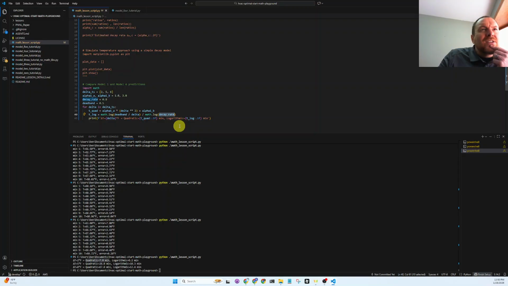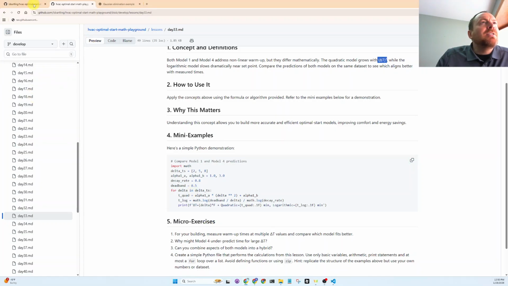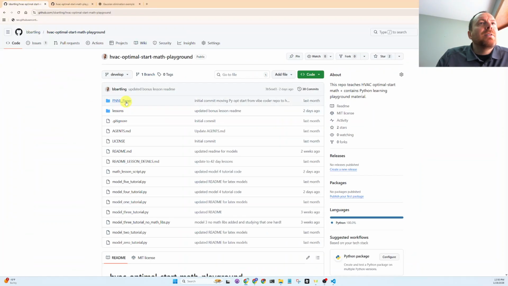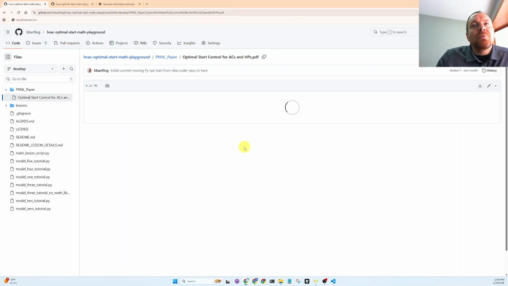I don't think there's anything interesting to plot because these are just the raw equations predicting the minutes. But maybe I'll just show you where this is in the paper when you read it.